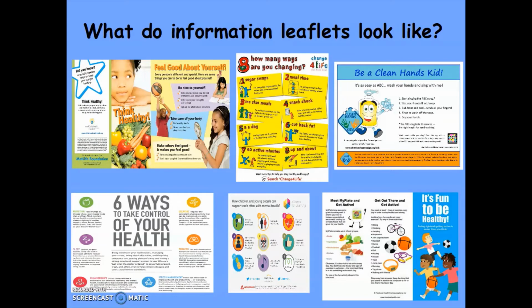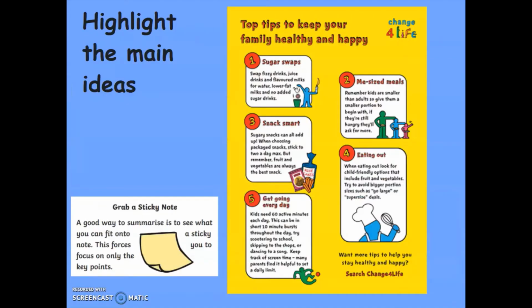I can see some questions such as did you know and how many ways are you changing. This will help draw the reader in straight away and get them thinking about what the leaflet is telling you. This should give you a couple of ideas of what our leaflet should look like at the end of the week. Let's look at one closely together.